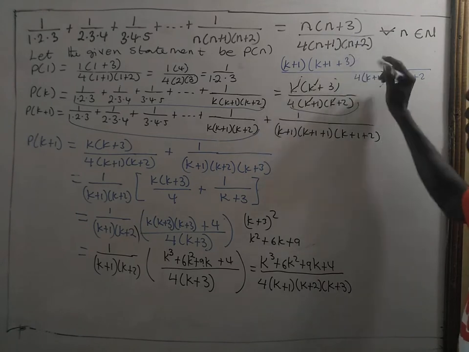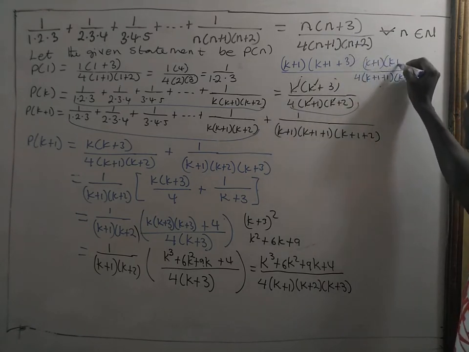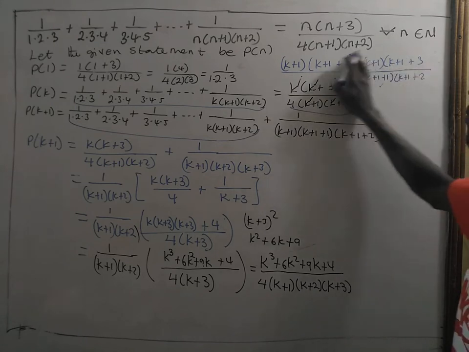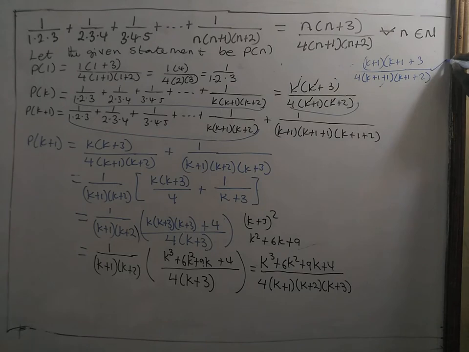That should be our final answer. Let me put this one here: k plus 1 into k plus 1 plus 3. It implies that this should be our final answer. So let's see. Have you got that? Yes, I think we have.